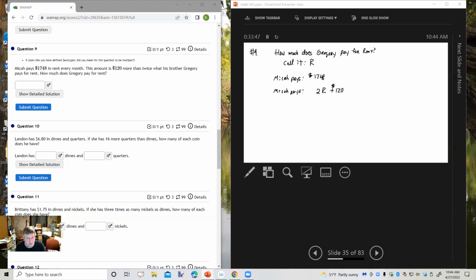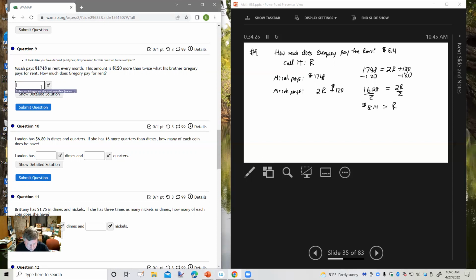So Micah pays $1,748, and Micah pays 2R plus 120. So we get 1748 equals 2R plus 120. Subtract 120 from both sides. And we get what? 1628 equals 2R. Divide by 2. R equals 814. How much does Gregory pay for rent? $814.